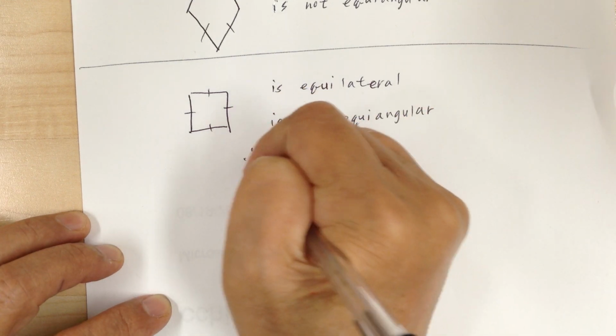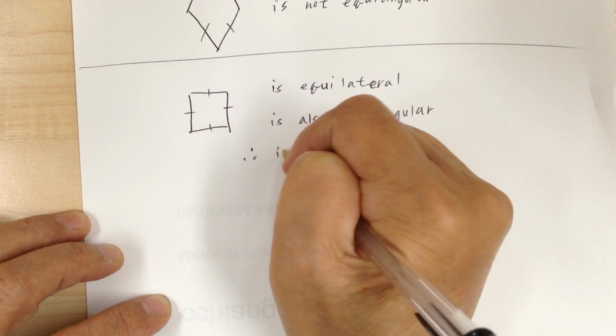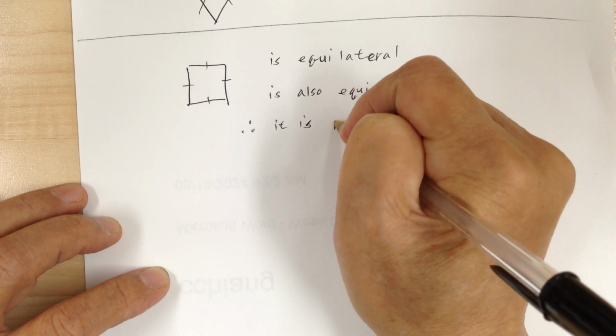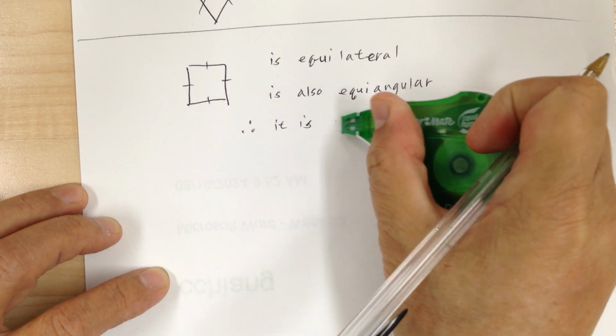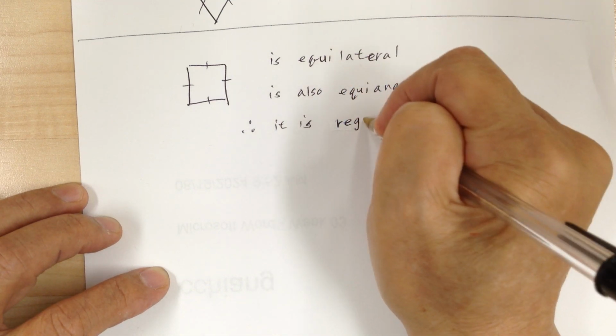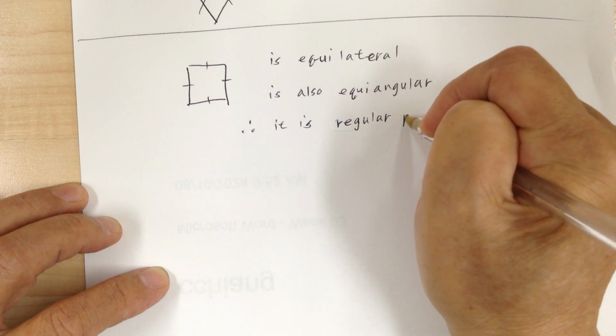Okay? Therefore, it is a regular polygon.